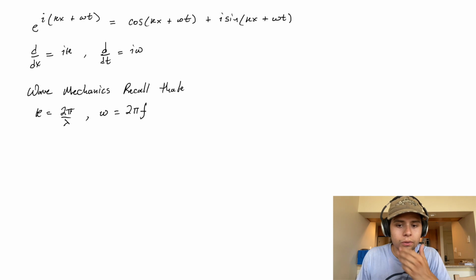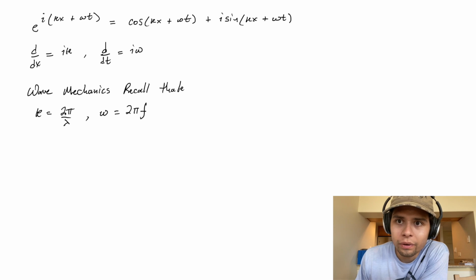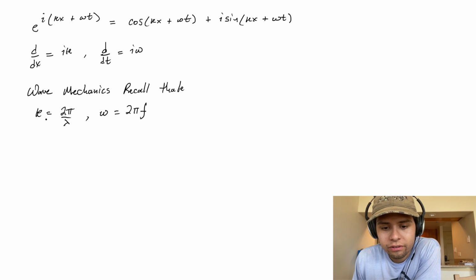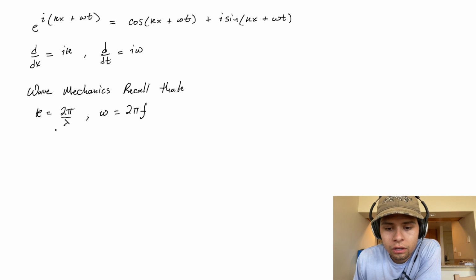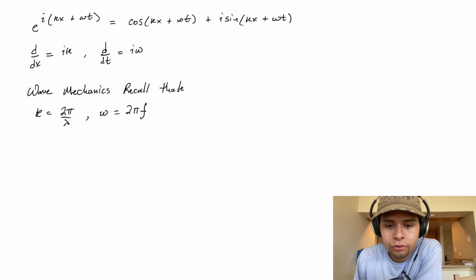Okay, so k, automatically we could see that, for this wave, for any wave here, the k, this eigenvalue, is associated with the wavelength of that wave. So the wavelength is also an eigenvalue for d/dx.